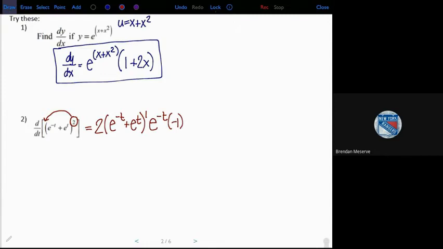You could always just sneak it in front as a negative sign. I'm just trying to be the most clear as I can in notes, especially that we have people at home. Plus, now since I have to put a plus sign, I need to make sure I group this together with parentheses because this is this plus, and then the derivative of e to the t would be itself e to the t.